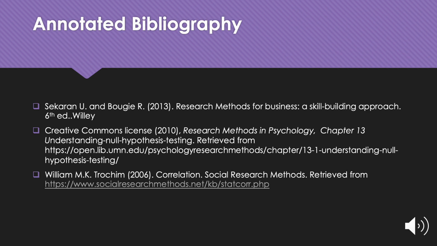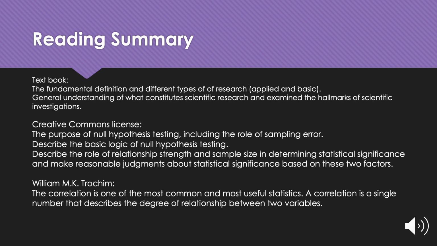The annotated bibliography. We only have retained here 3. The textbooks, the readings from Creative Commons license on research methods in psychology, another reading on correlation. From the readings, we have retained mainly 3, but we have read more than that.